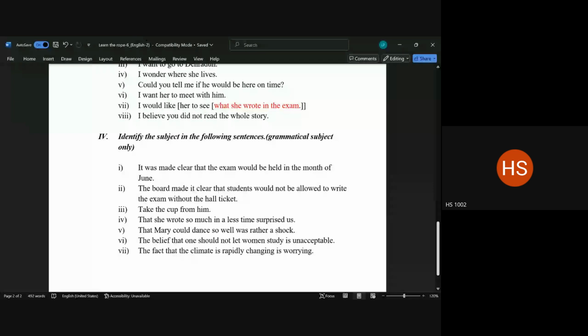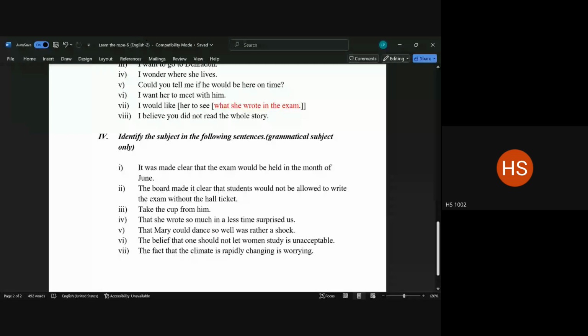Third one: take the cup from him. There is no grammatical subject. We do have a logical subject, which is you, but if you're asked about identification of subject in sentences, even in exams, understand that we are talking about the grammatical subject.